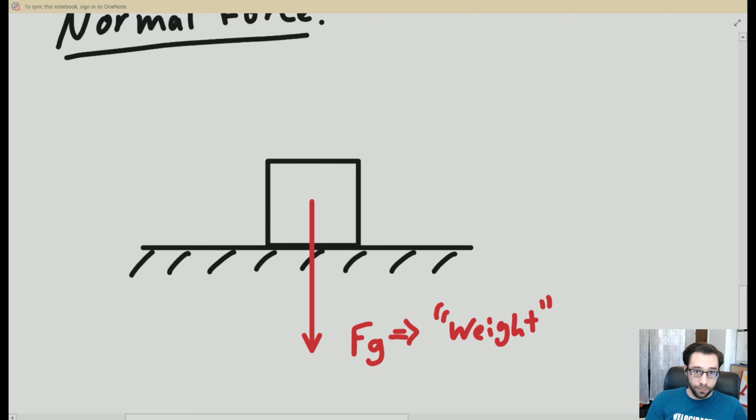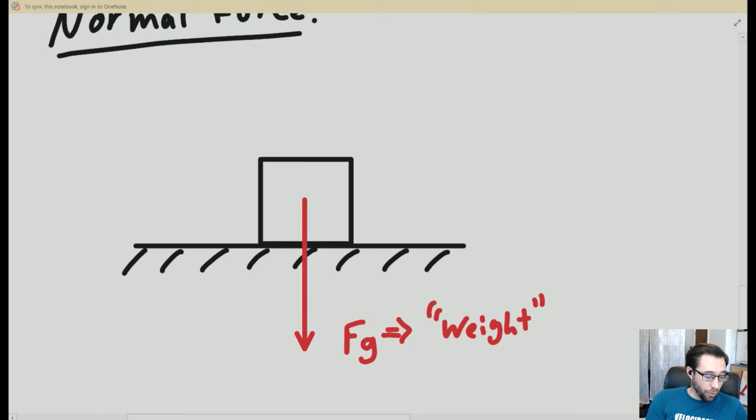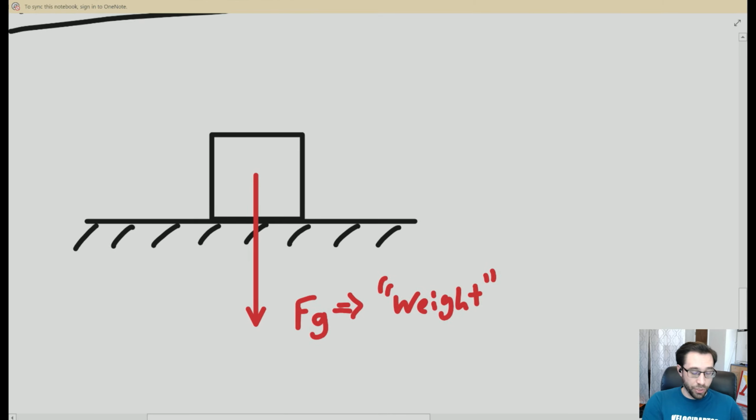Any questions so far? So, according to this picture as of right now, is this balanced or unbalanced? So, Uriel says it's balanced.